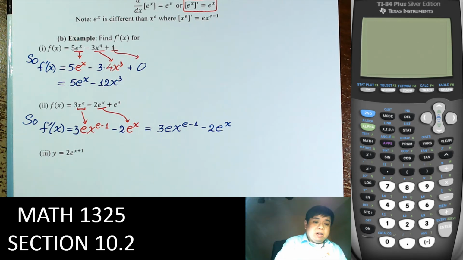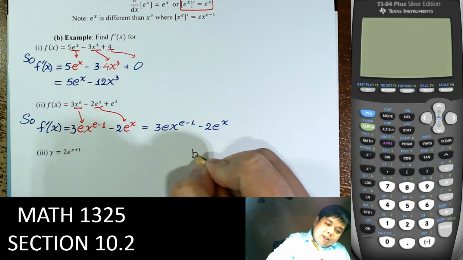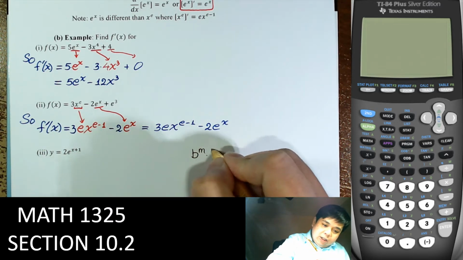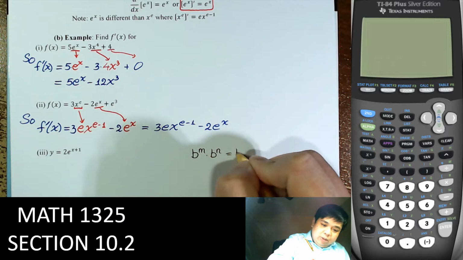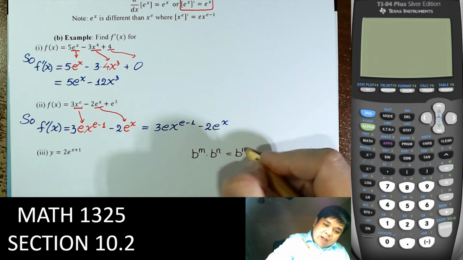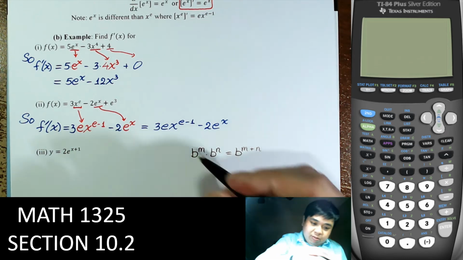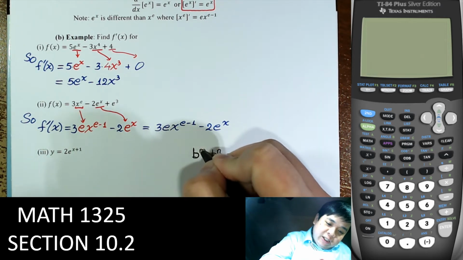Well, there are some properties of exponents. I'll write them out here. That would be e to the m plus n.